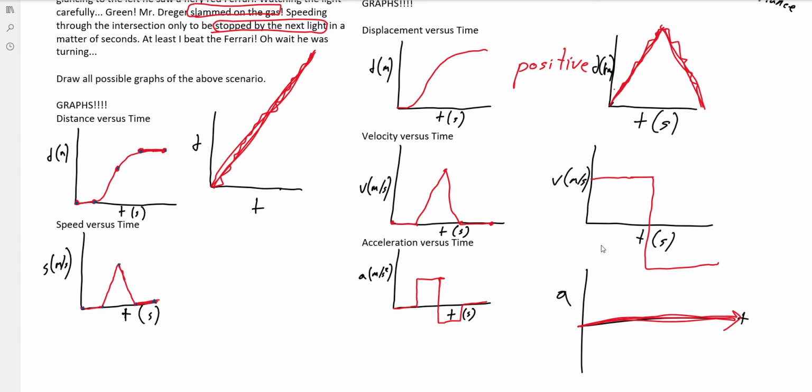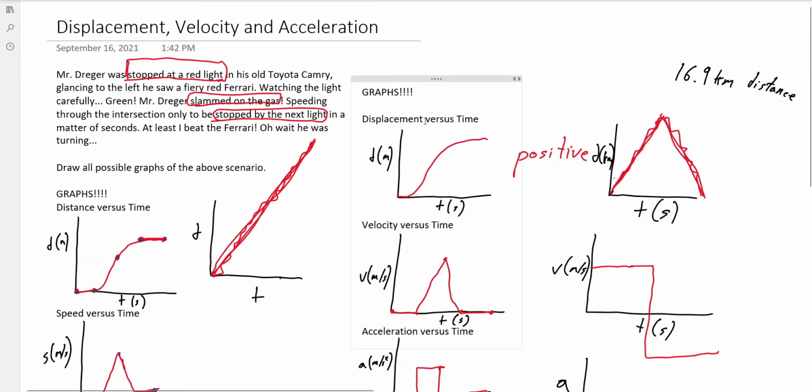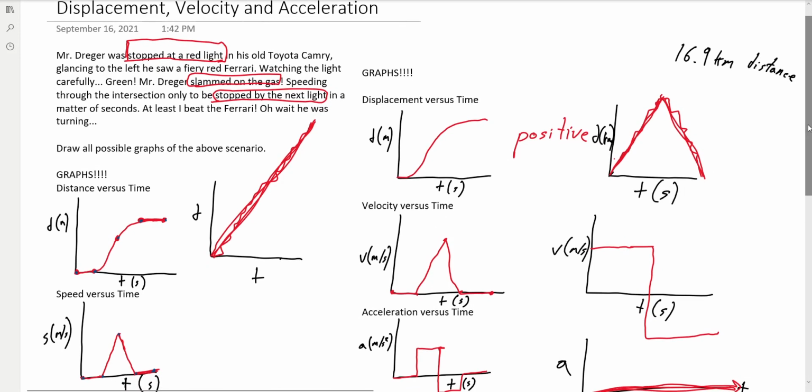Right? And an instant drop, but anyway. I hope that this video helps you understand displacement, velocity, and acceleration a little bit better. I know they can be confusing, but basically you just have to get used to trying to switch between them.